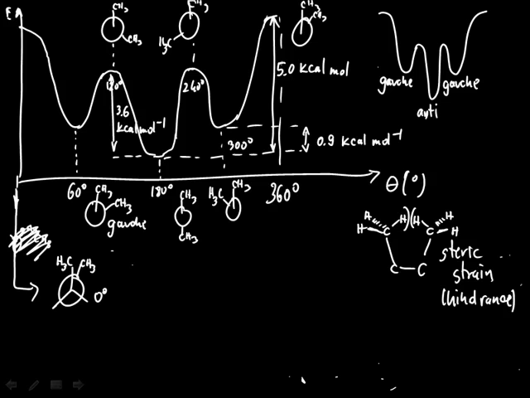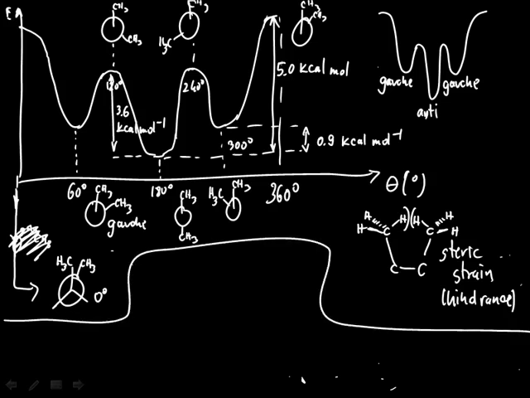Now, a molecule of butane, especially its anti-conformation, is a good model for higher alkanes, because they have a lot of these internal CC bonds like butane.